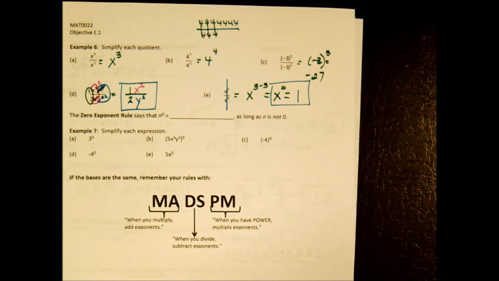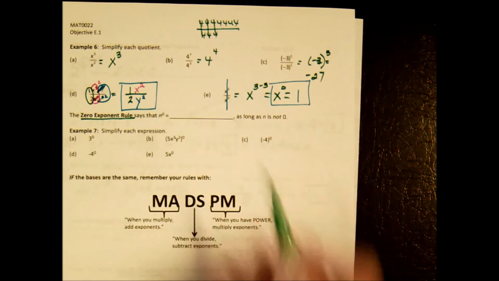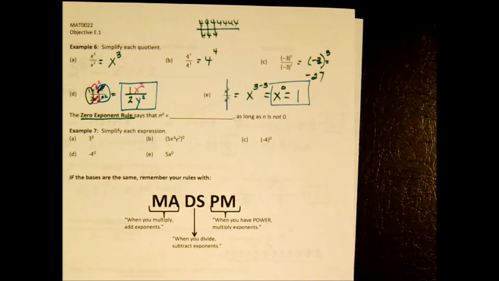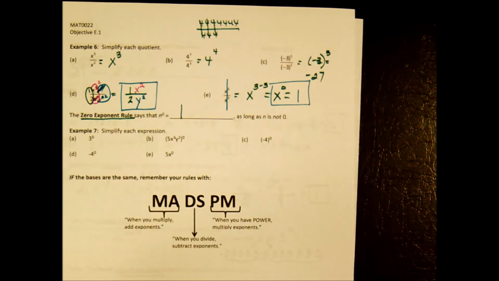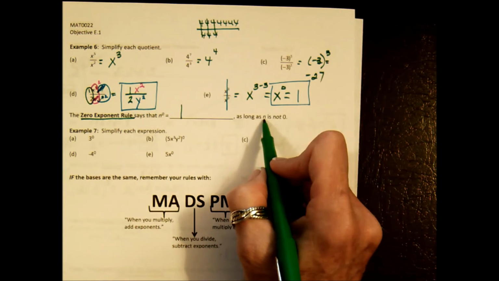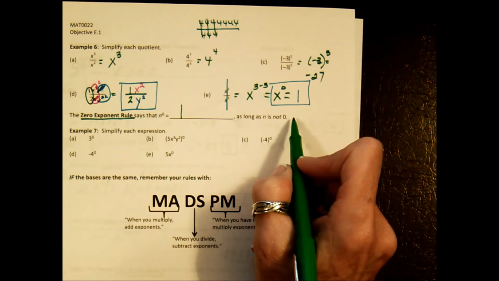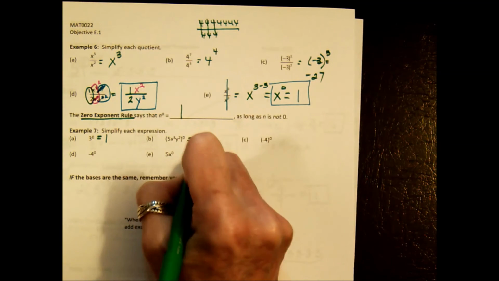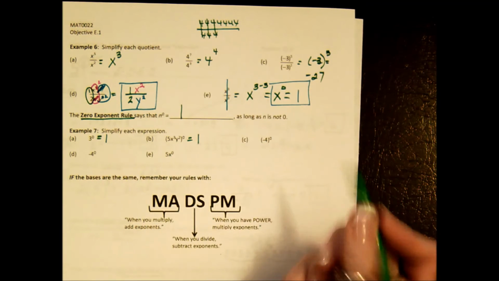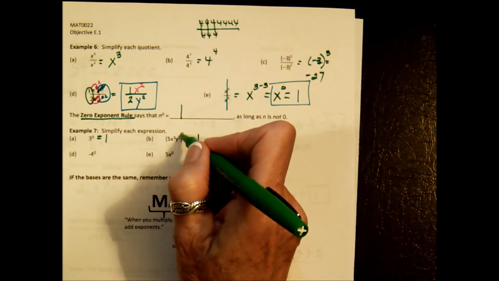And that brings us to our last property, which is the zero exponent rule, and it says that anything to the 0 power is equal to 1 as long as the n is not a 0. So here, it's a 1. Here, it's a 1, even though there's a lot of things in parentheses because this applies to everything inside.